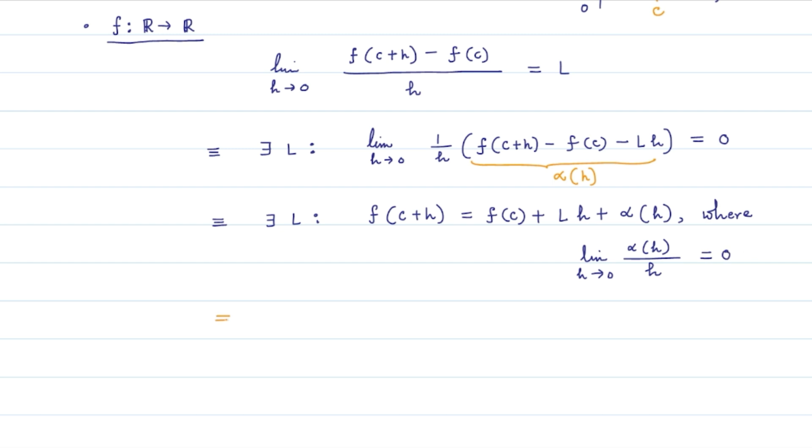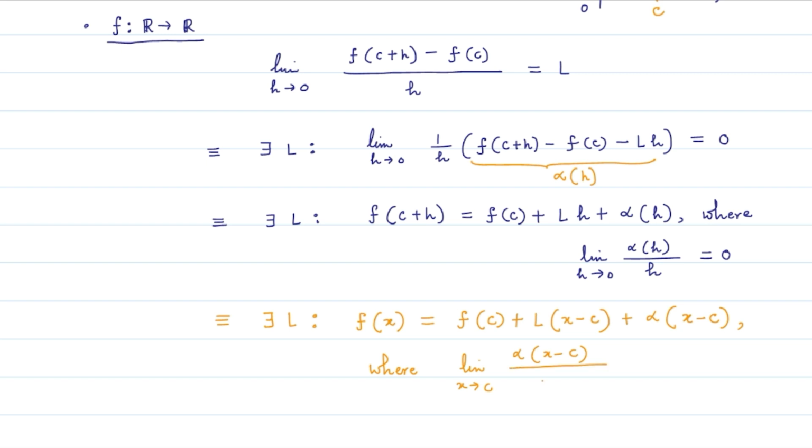This can be equivalently written as: there exists an L such that f(x) can be written as f(c) plus L times (x minus c) plus alpha(x minus c), where the limit as x tends to c of alpha(x minus c) over (x minus c) is equal to 0.